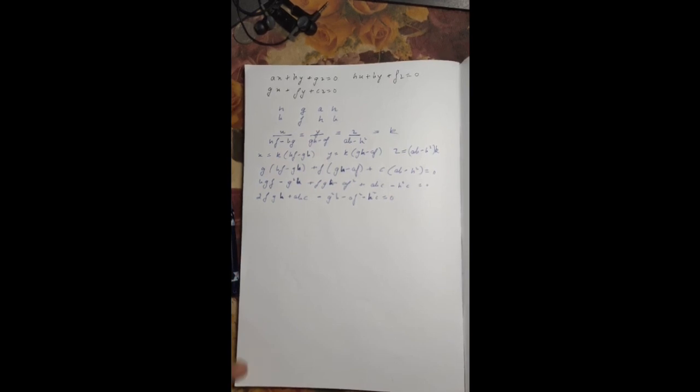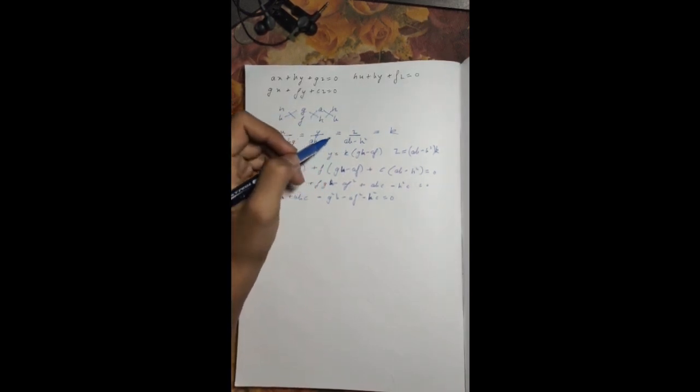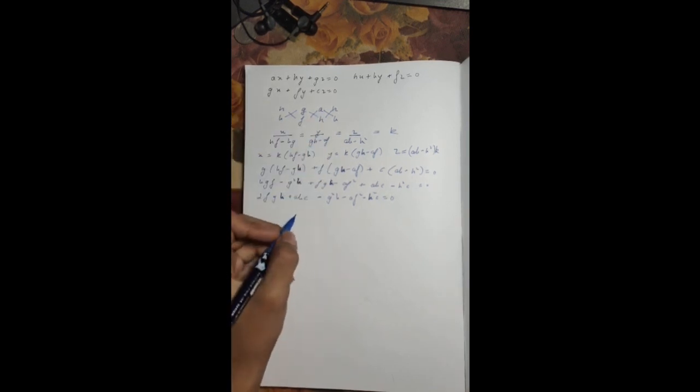So this is how we have eliminated x, y, z from all three equations, with the help of cross product, which was the basic idea which we have just mentioned. To show how we have used z here, we'll prove it too.